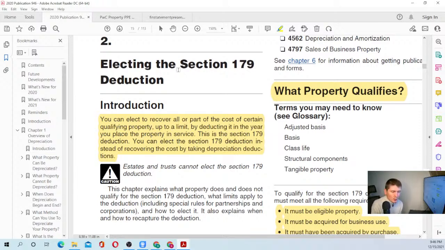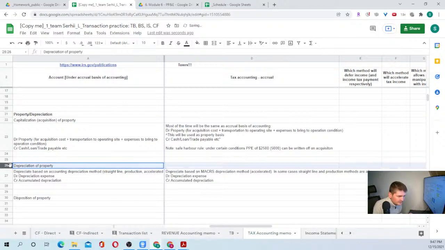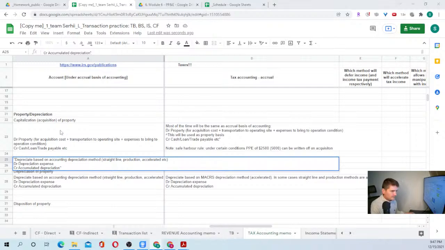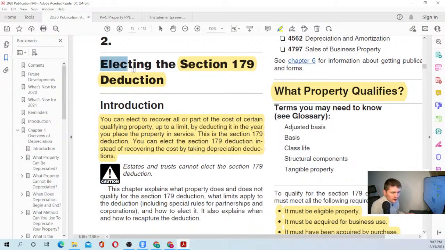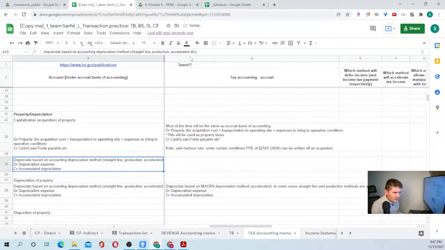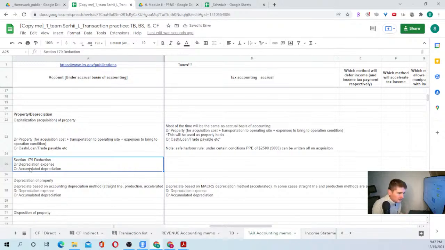Now, section 179 deduction. Not applicable to accounting.